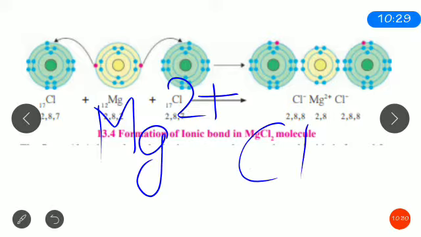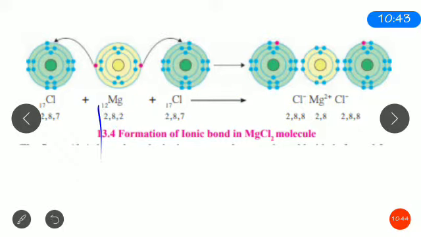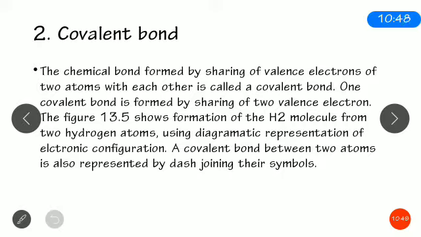Cl is accepting 1 electron, so 1 electron is extra, so Mg2+. Getting it? Here Cl minus is an anion, and Mg2+ is a cation.